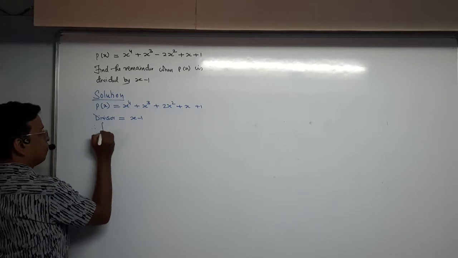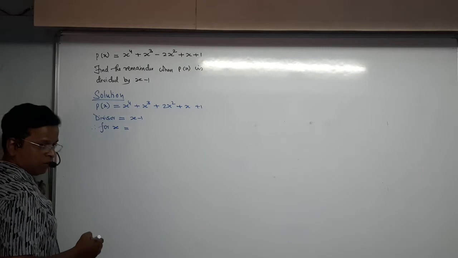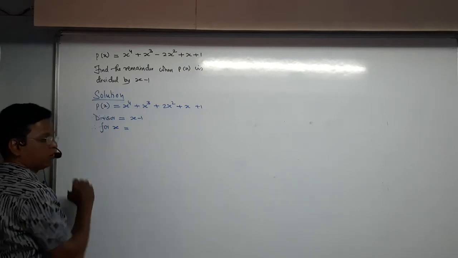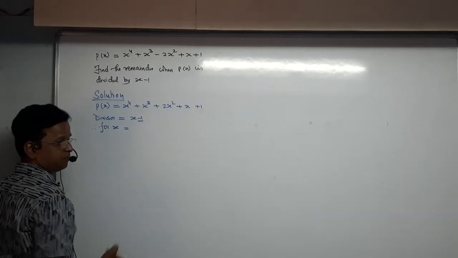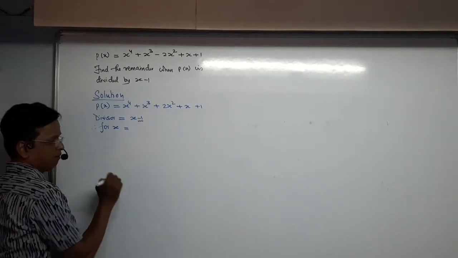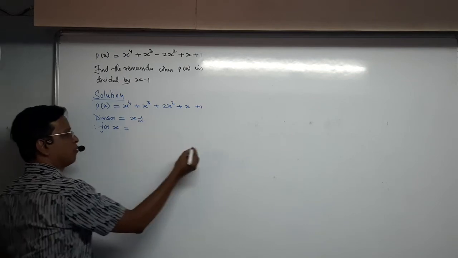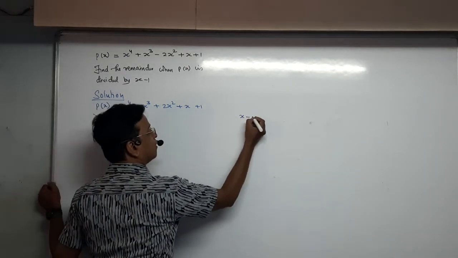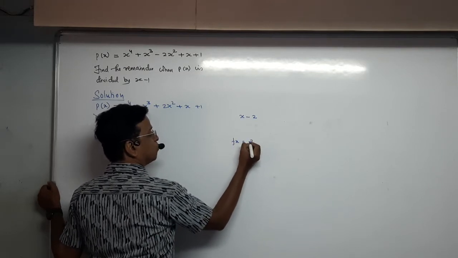Therefore, for x is equal to, you have to substitute in place of x what? See, it is minus 1, now the opposite of this, plus 1. If it is supposing x minus 2, then for x is equal to plus 2.